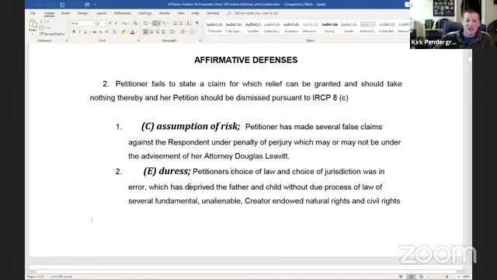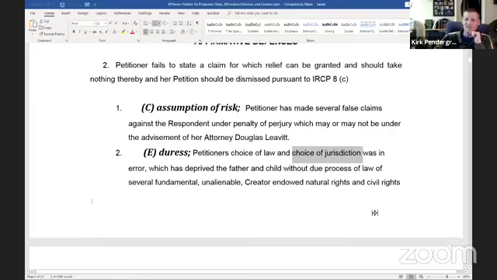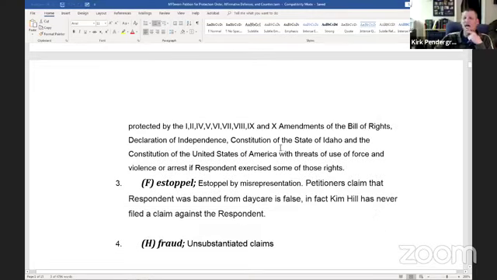Okay? Under duress. Here it is. Petitioner's choice of law and choice of jurisdiction was in error, which has deprived the father and child, without due process of law, of several fundamental, unalienable, creator-endowed natural rights and civil rights protected by, and I'm citing them, right?